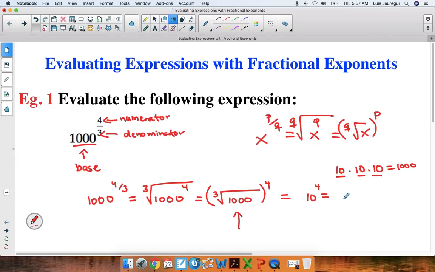Now recall, using exponents, this can be written as 10 times 10 times 10 times 10, and that is simply 10,000. So one can conclude the following: therefore 1000 raised to the 4/3 is simply equal to 10,000.